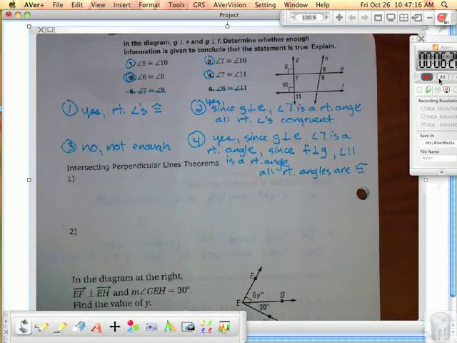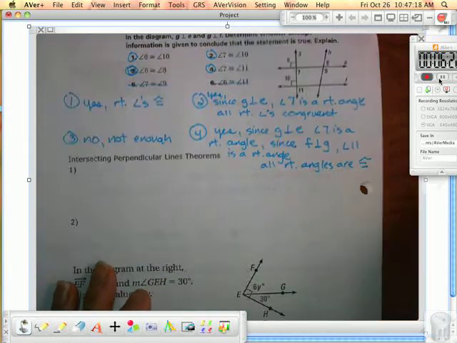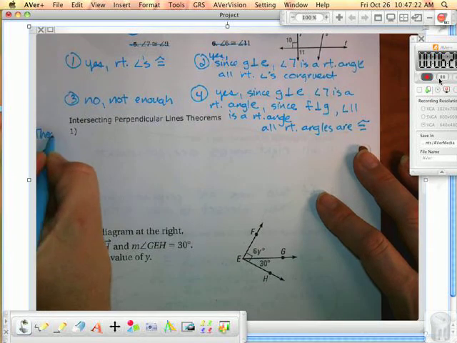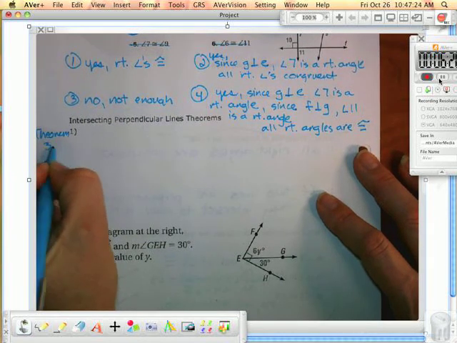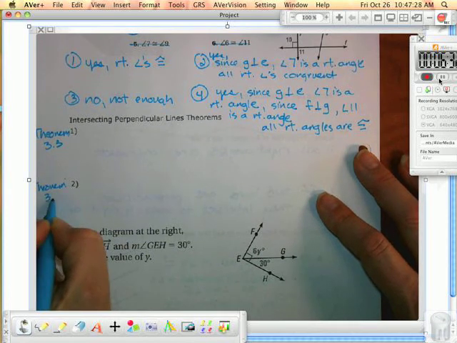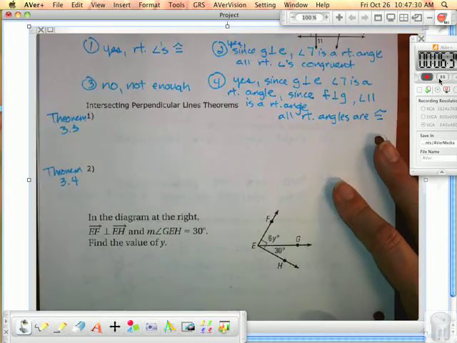Okay. Intersecting perpendicular lines. Here we go. These are the theorems. Do you need to know the theorem number? Nah. I'm just telling you because that's what's in the book. Okay, 3.3 and 3.4. Here we go.